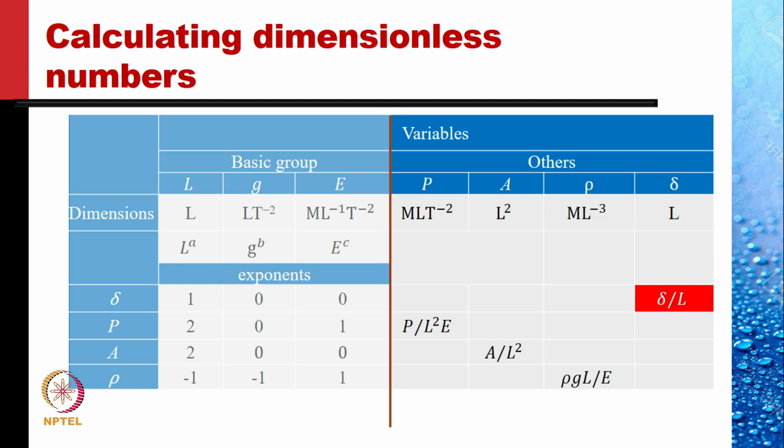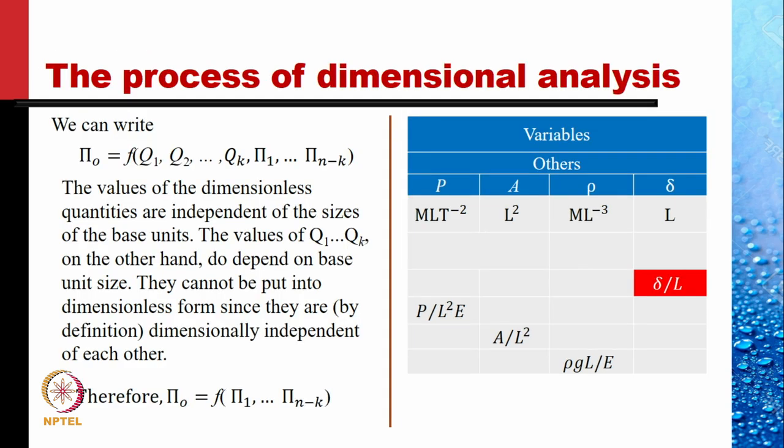And then we can write pi naught, the dependent non-dimensional parameter in terms of the basic group, which in our case is delta by L, as a function of pi 1 to pi n minus k.